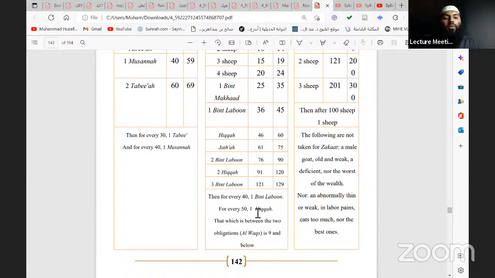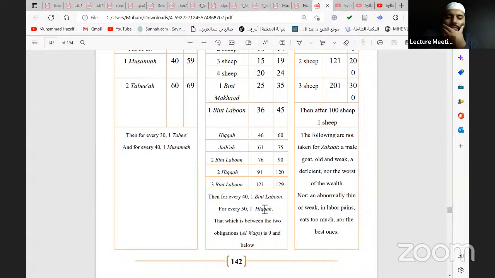Now 3 hiqqa, 1 bint laboon goes over, no? 3 hiqqa would be 150, 1 bint laboon, 190. Ahsant, 160 is 4 bint laboon. What's 40 times 4? 160. Exactly 160. It requires a bit of math. Okay? We're just doing maths right now, to just work it out with the 50 or 40s and then you can call it bint laboon or hiqqa.